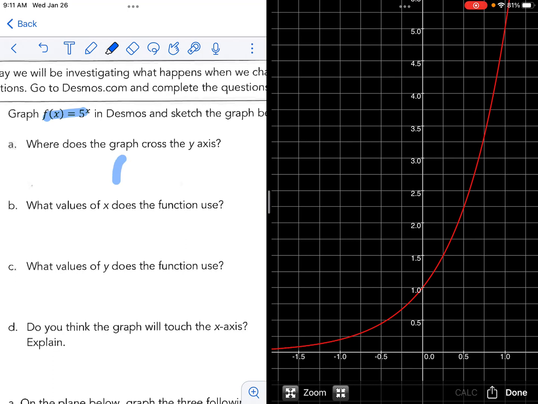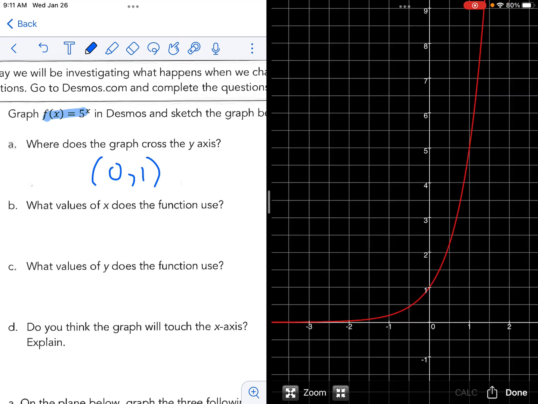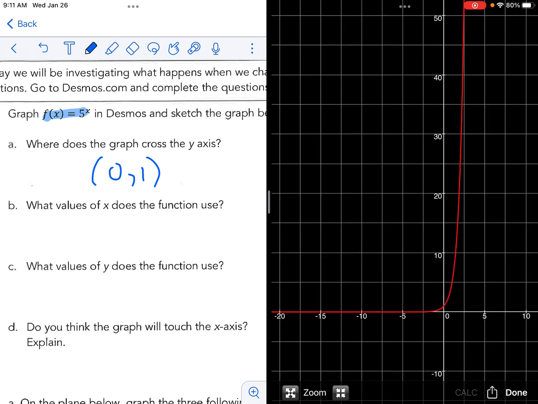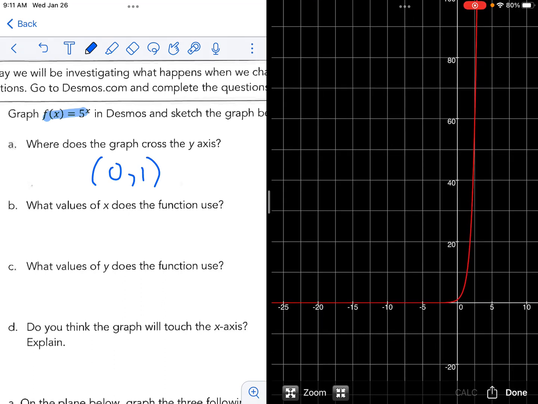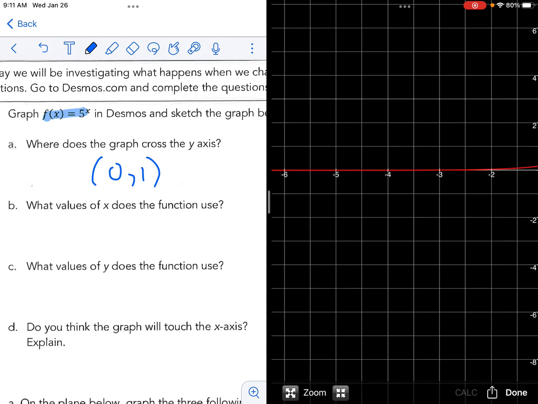At 0, 1, that's the y-intercept. And it says, what values of x does the function use? So if we zoom out on this function here, we can see that, first of all, the y values get really big very quickly if we look at the positive y-axis going up, and they get really close to 0 as we go into the negative values, but it doesn't go negative at all.